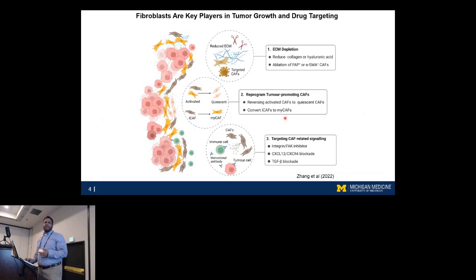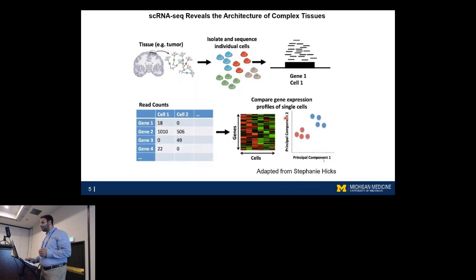One of those cell types is the fibroblasts, which are heavily studied, yet poorly understood in their pro- and anti-tumorigenic effect. There are a lot of clinical trials trying to target the fibroblasts for their role in tumor progression.